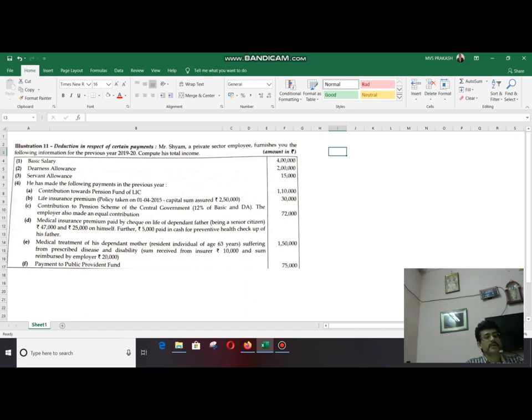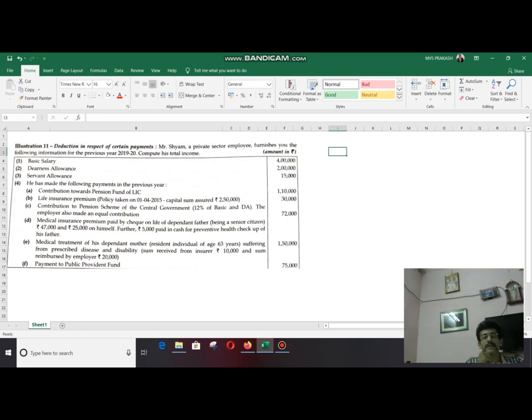Partial, what is the amount of deduction? 75,000. Severe, what is the amount of deduction? 1,00,000. So in this case, as it is not mentioned, you are free to take whatever assumptions. I am going to take an assumption that the mother's disability is going to be partial but not severe.